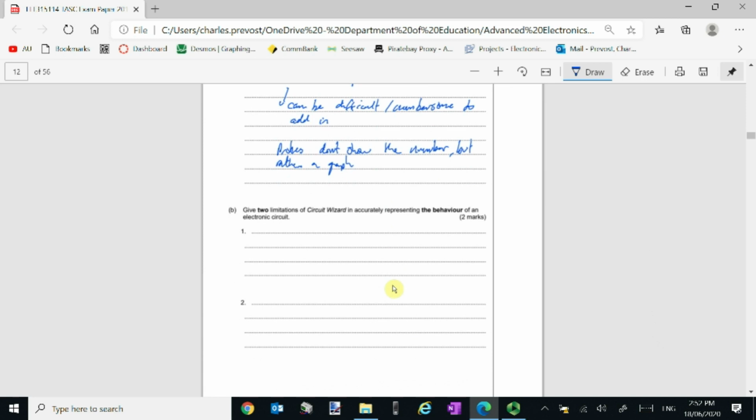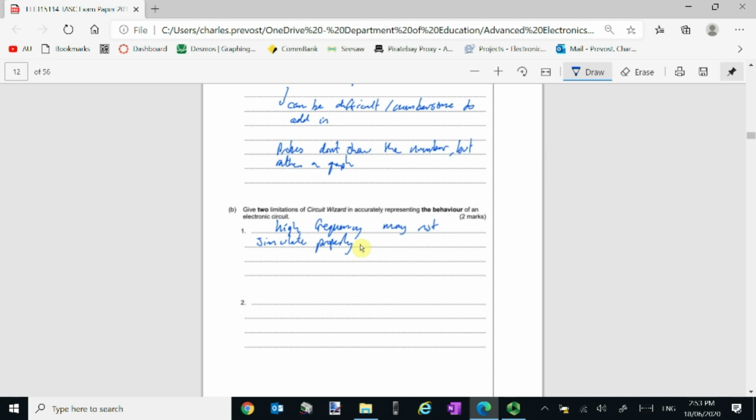So Circuit Wizard has some limitations in representing the behaviour when simulating. So circuits like high frequency may not simulate properly, just by the virtue of the way the simulation works. It sort of looks at it in chunks of time. It's not a continuous thing.